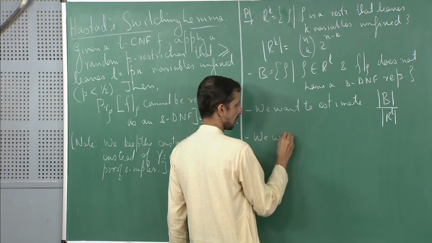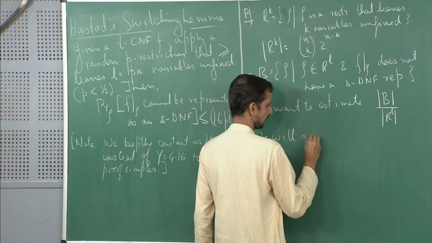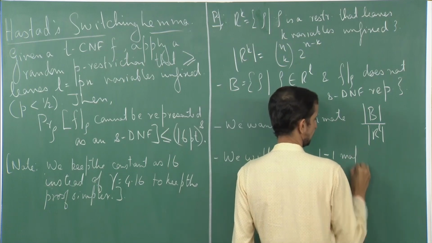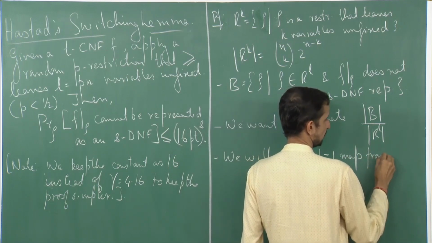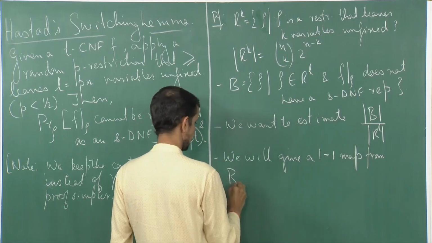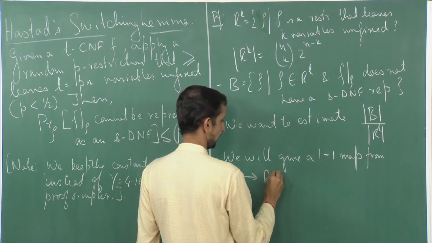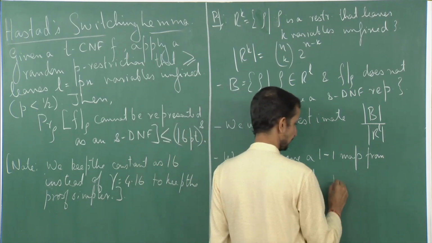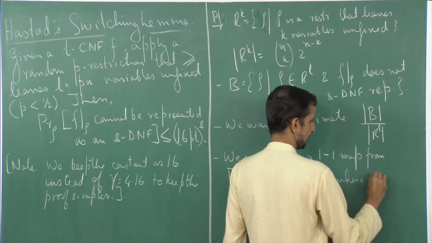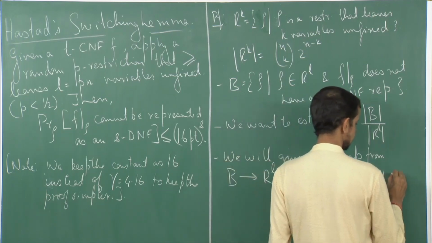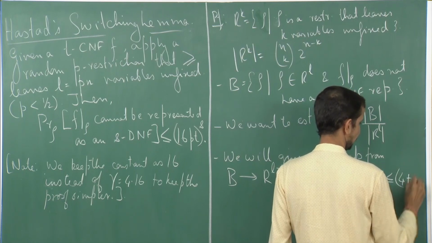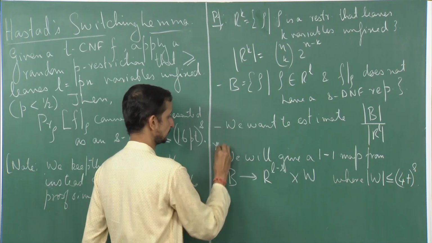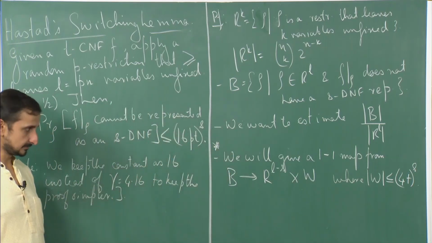We will give a one-to-one map from B to R L minus S cross a set W, where the cardinality of W is at most 4t to the power S. Okay. So this is essentially what we will be proving. This is going to be the rest of today's lecture.